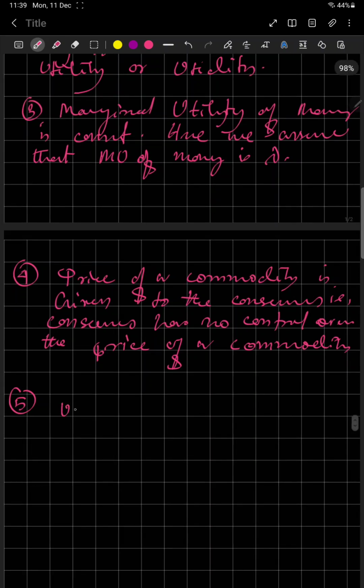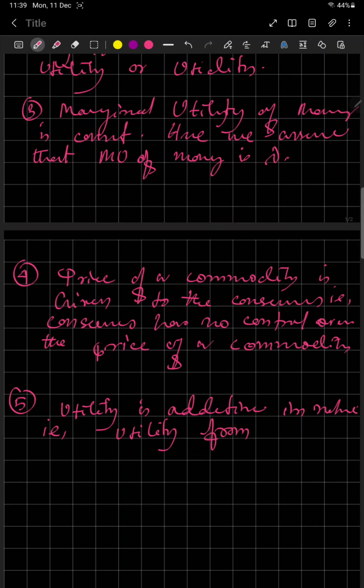Fifth assumption, utility is additive in nature, that is, utility from different goods are independent of each other.